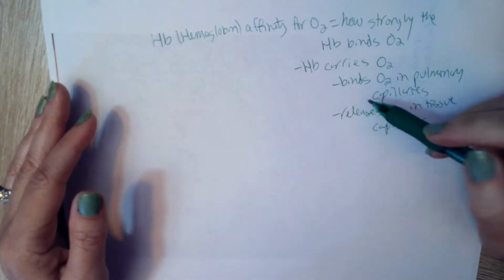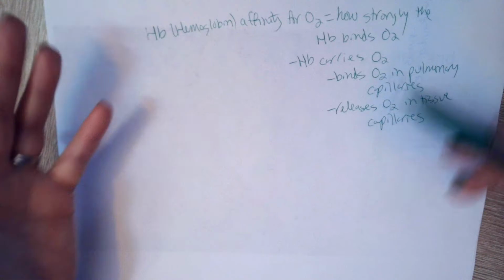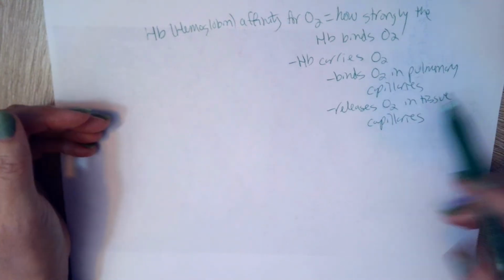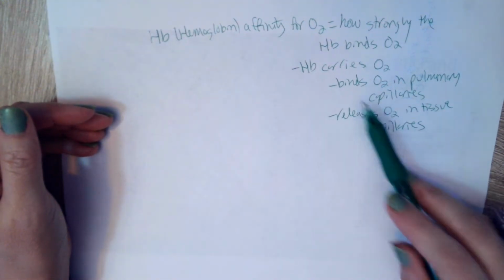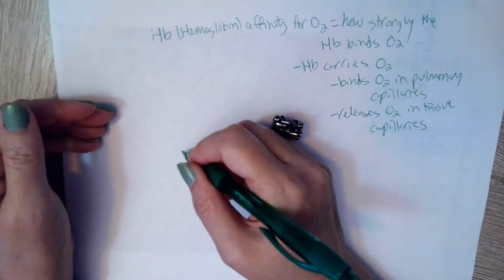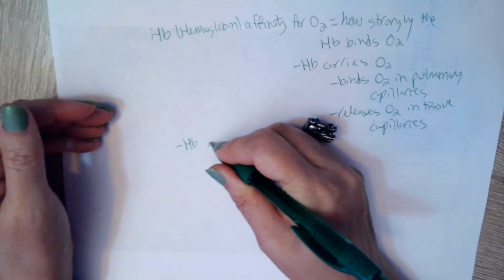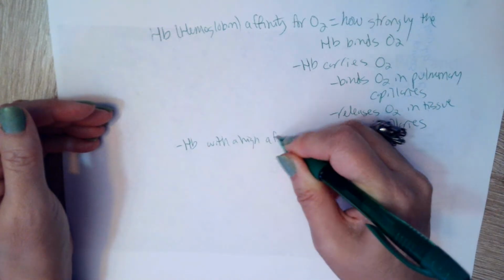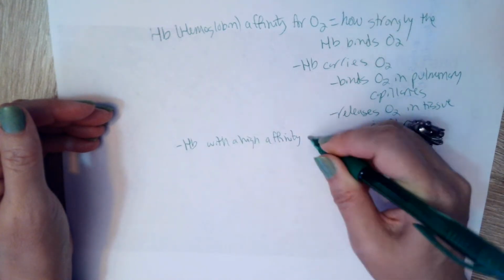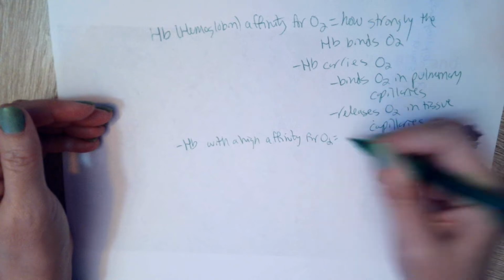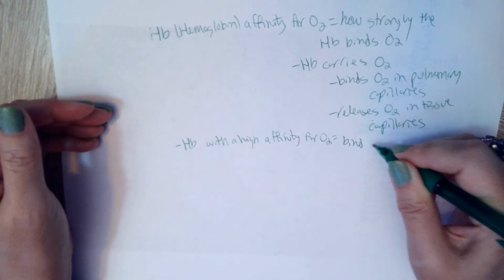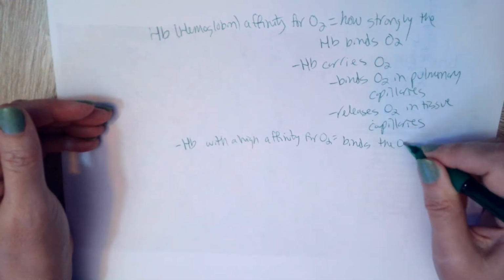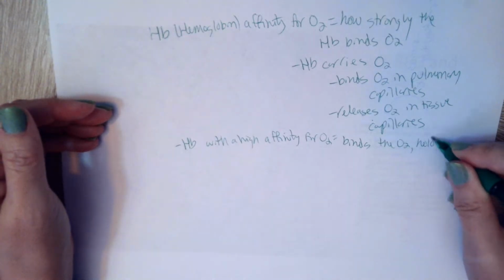Now the affinity of the hemoglobin for oxygen is going to determine whether it's binding that oxygen or whether it's letting go. So hemoglobin with a high affinity for oxygen is going to bind the oxygen and it'll hold on to it pretty tightly.